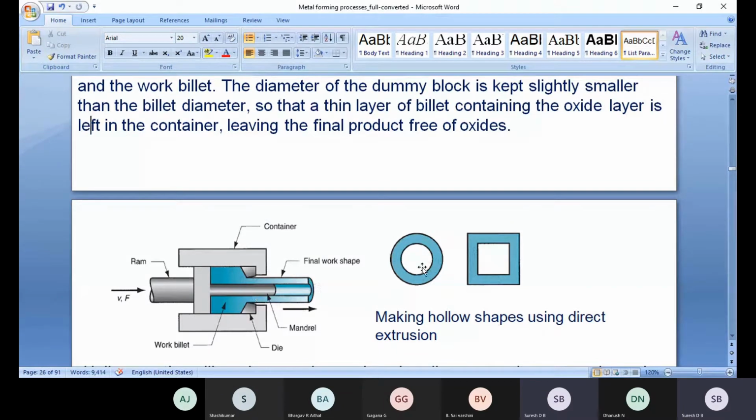See here, either square or circular hollow tubes can be manufactured by using the direct extrusion process.